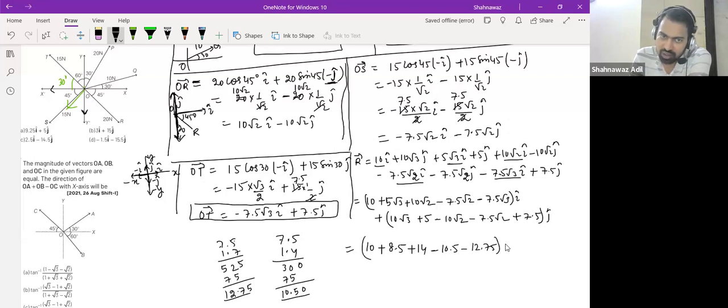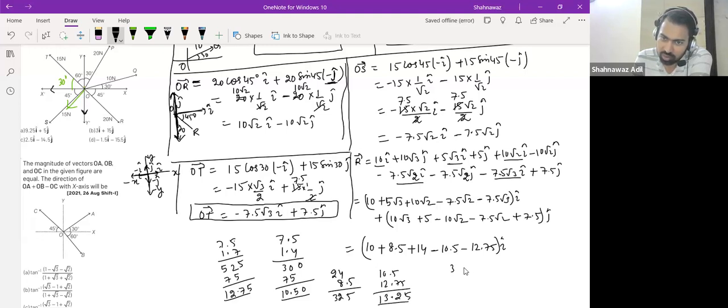This is I, right? So let us check what we are getting. So this is 24 plus 8.5. So this is 32.5. And minus of how much? So 10.5 and 12.75, so this is 13.25.